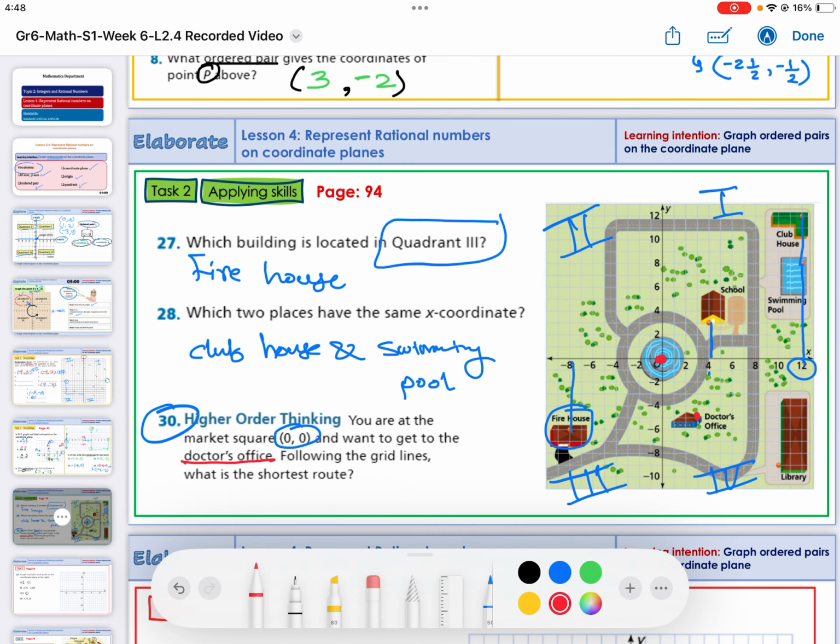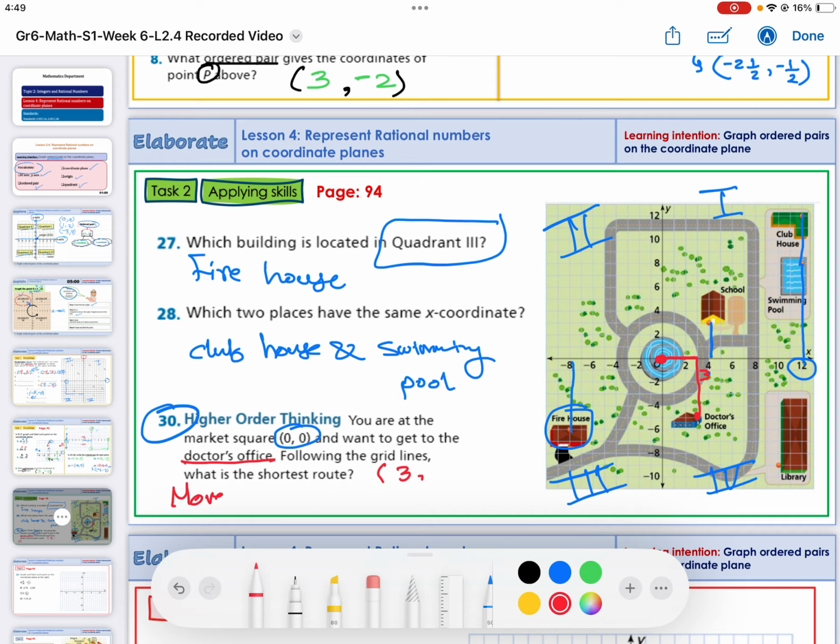So you need to tell me how many steps you're going to move. Here between 2 and 4, we got 3. I will move 3 units to the right, then 5 units below. Again, this is how you should write it.